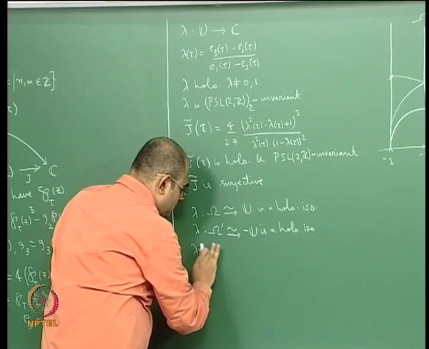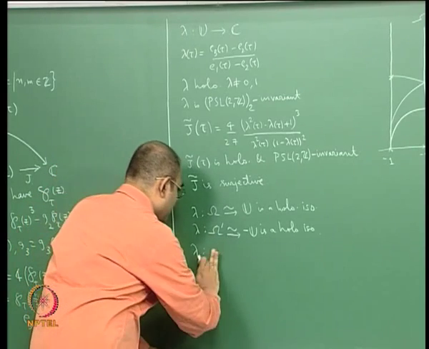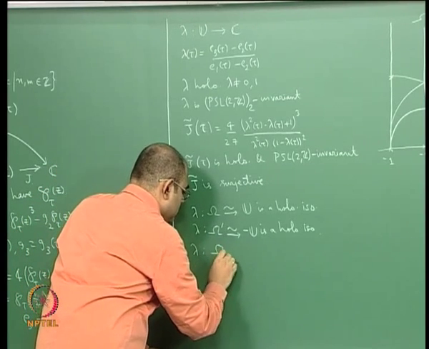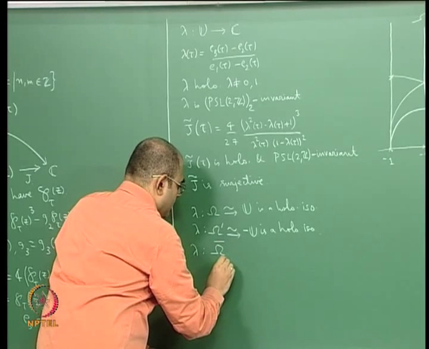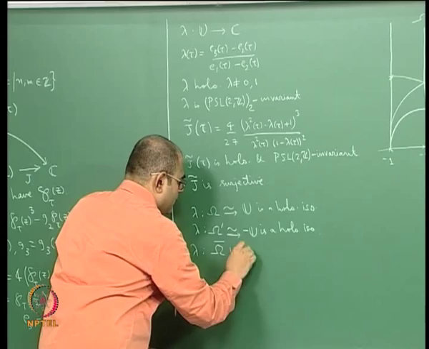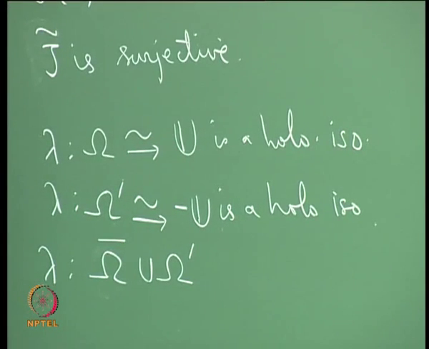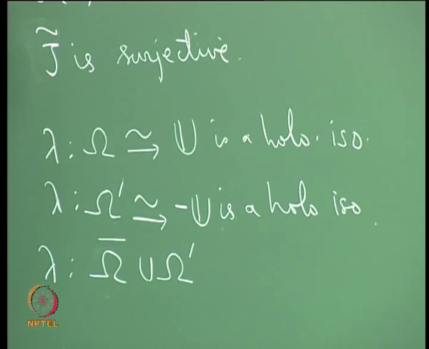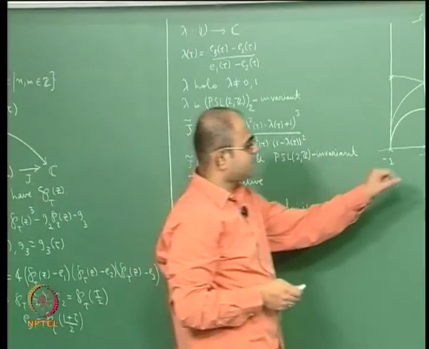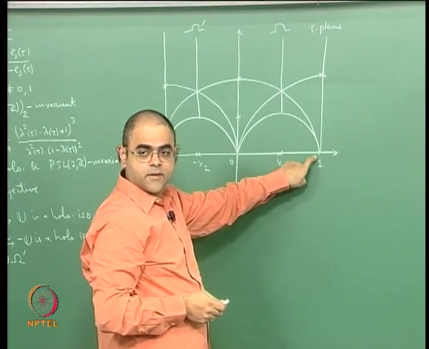I think if you take omega bar union omega prime, and of course when I take omega bar, that means I am taking the closure, so I will get the points 0 and 1.